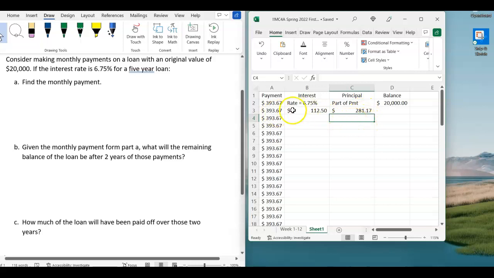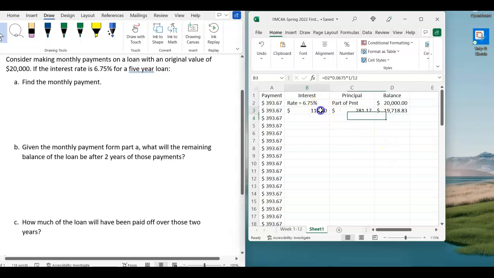So the payment is split into these two parts. This is the sad part for you, who's making the payment, and this is the part that pays down the balance. So this new balance will be equal to the previous balance minus the amount that went to principal. This just does that subtraction.